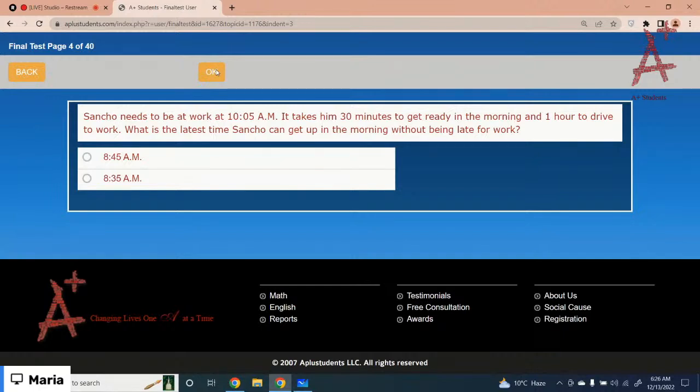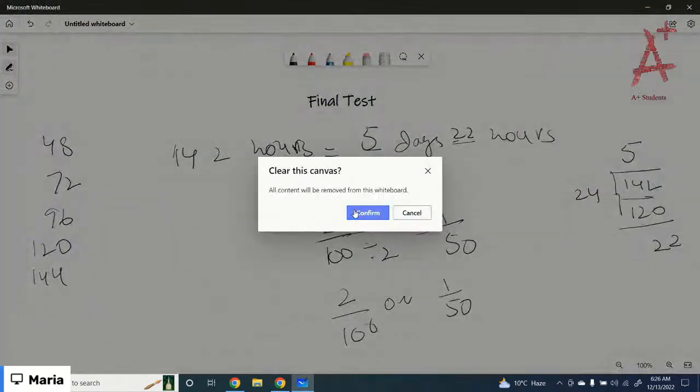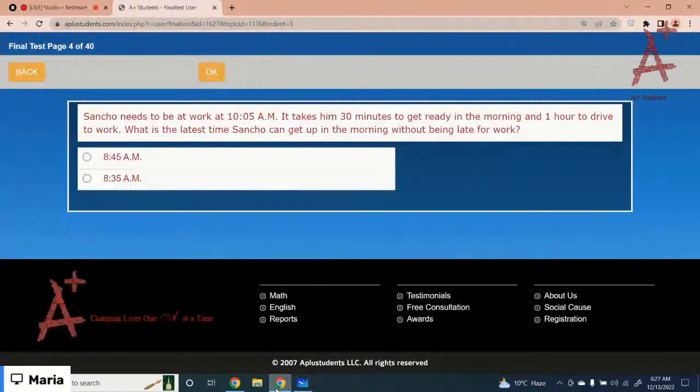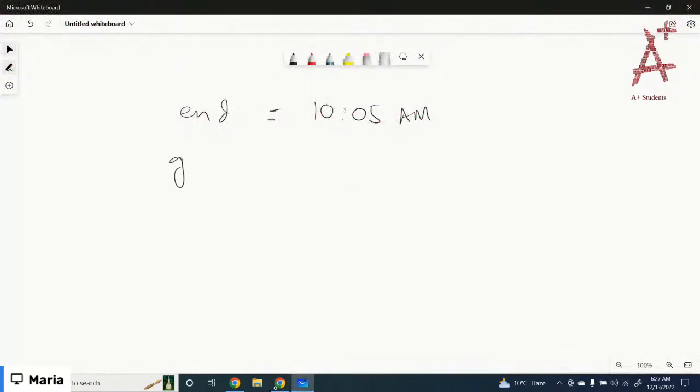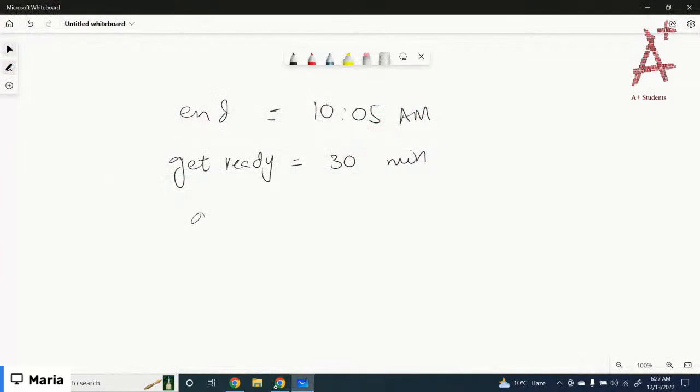Okay, so he needs to be at work at 10:05 a.m. Or you can say the end time is 10:05 a.m. Okay, 30 minutes to get ready and 1 hour to drive.